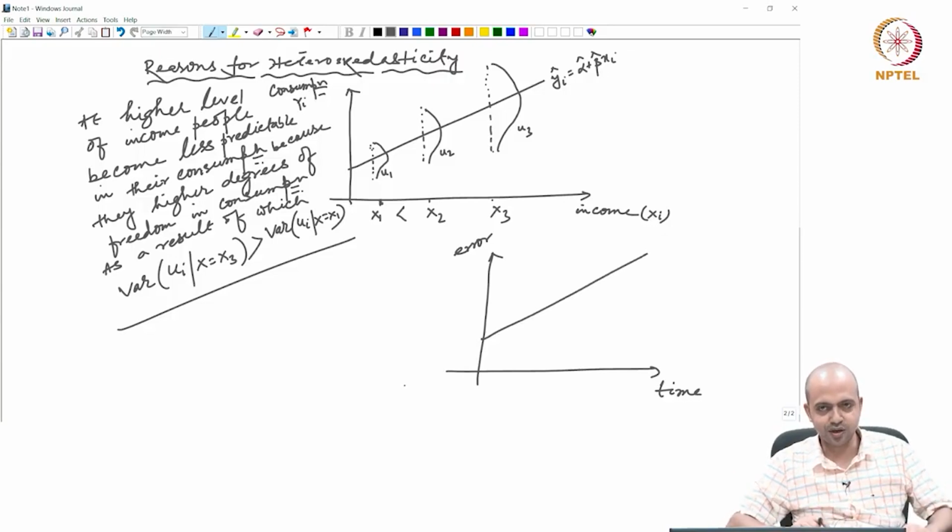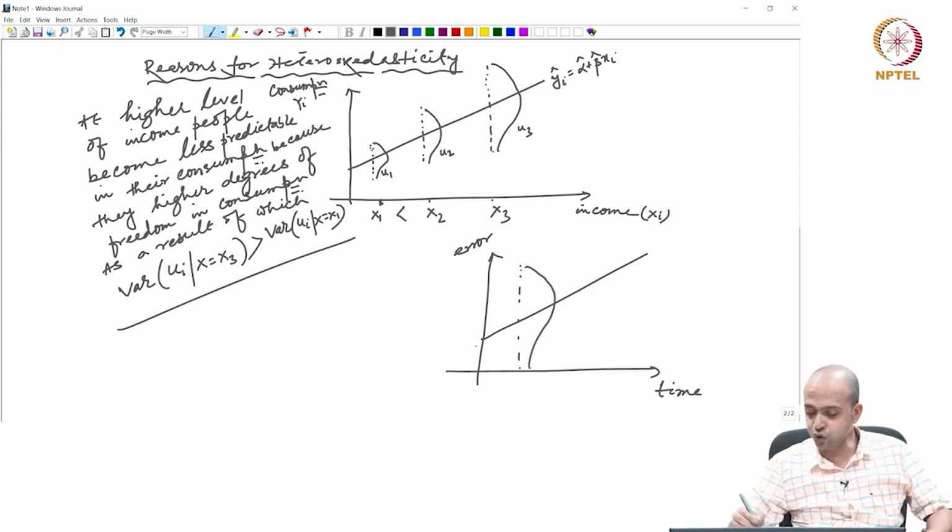Suppose you are typing using a typewriter, and I am noting down how many errors you commit while typing. When you have just started typing with very little experience, let us say in the first hour, you may commit so many mistakes. So your error variance would be like this.